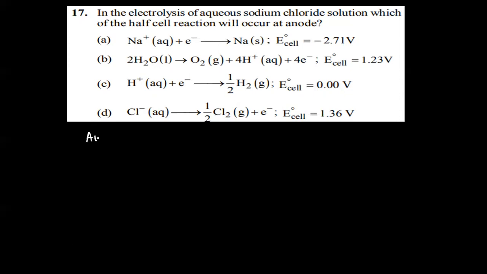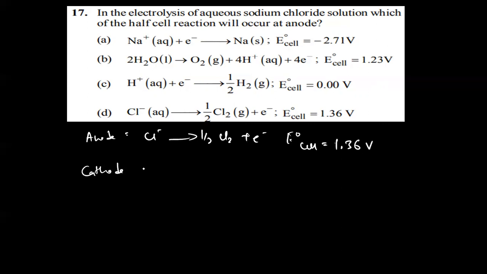So at anode, we can expect Cl minus gives rise to half Cl2 plus electron, and E0 cell is equal to 1.36 volt, and at cathode we can expect 2H2O gives rise to O2 plus 4H plus plus 4 electron, and the E0 cell for this reaction is minus 1.23 volt.